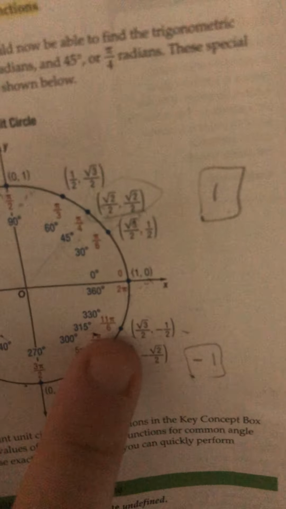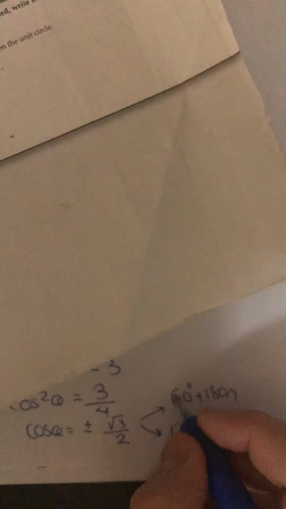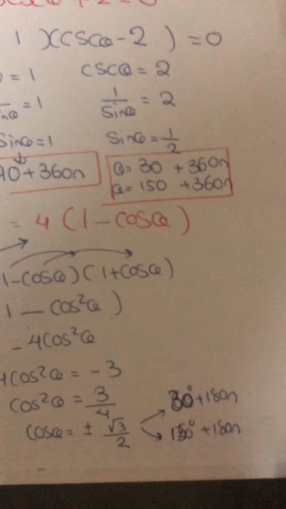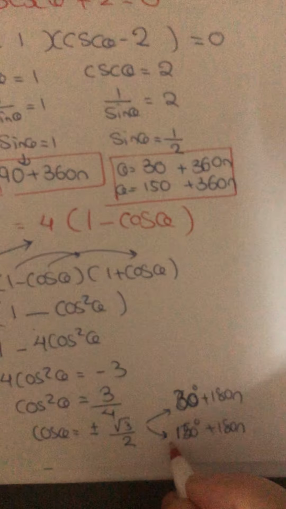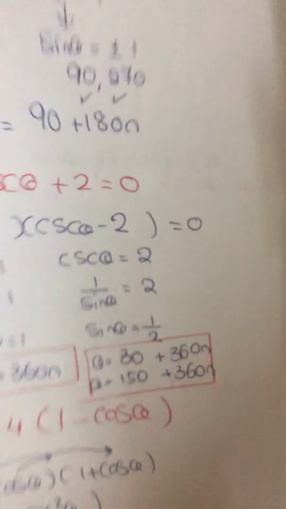Actually here around the 180, this is 180 degrees, so 150 and 330 also cosine is root of 3 over 2. So I would say this is a 30 and a 150 degrees actually, right? 150 plus 180, and I will double check this question when I'm done with the video. So I don't know, I think the answers in the book were the others. I will substitute and check.